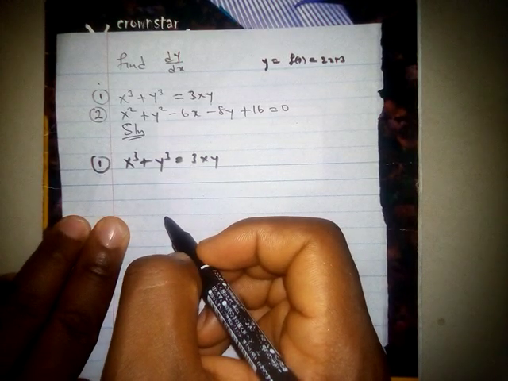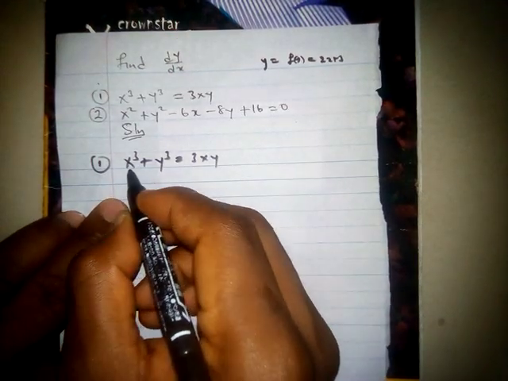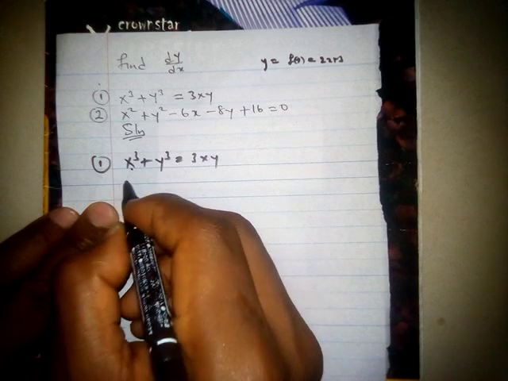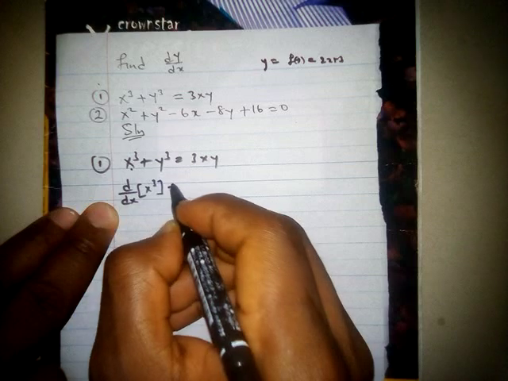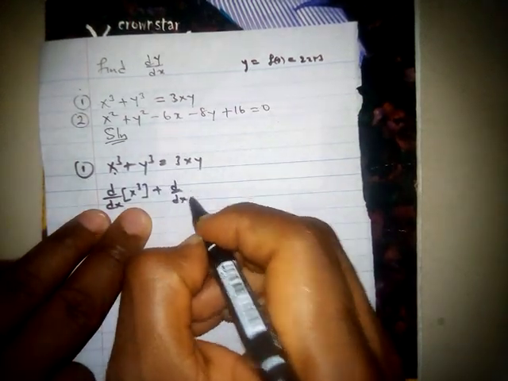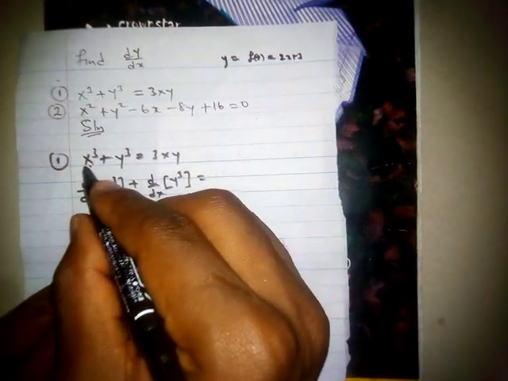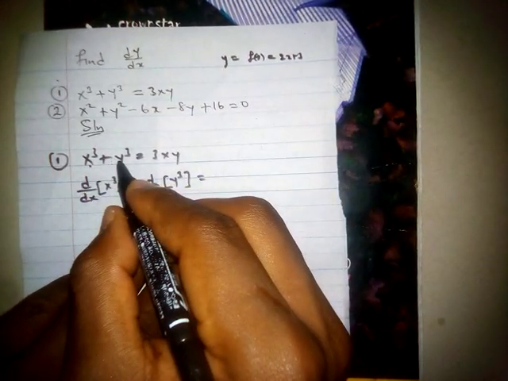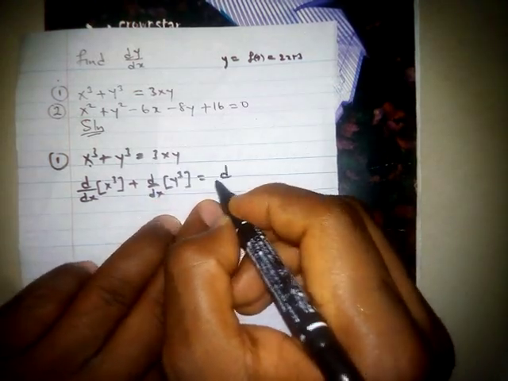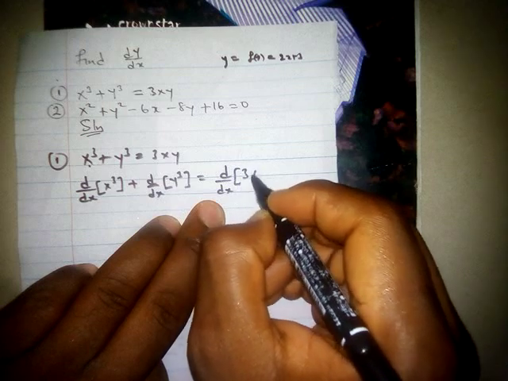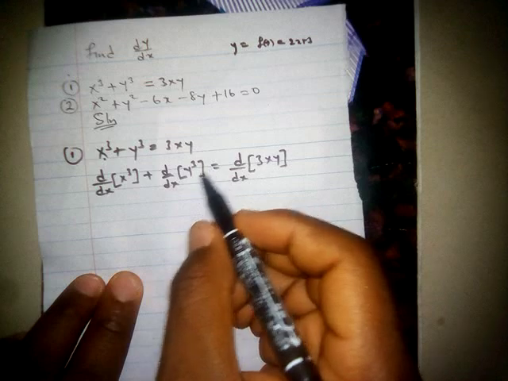So I'll have d over dx of x cubed plus d over dx of y cubed is equal to, remember whatever you do on this side of the equation, you also do on the other side, so you have d over dx of 3xy. I'm differentiating everything term by term, right?